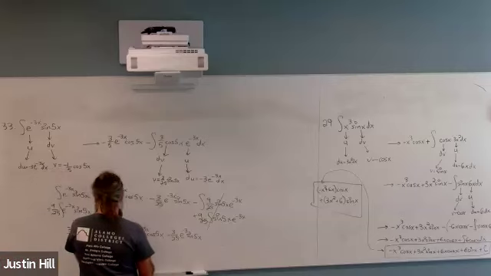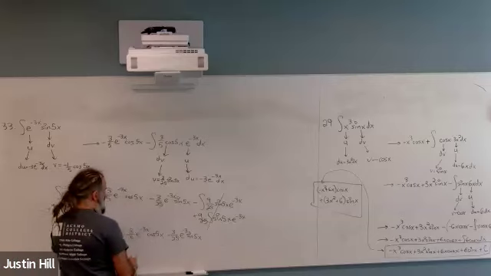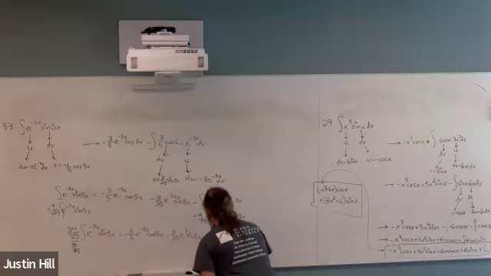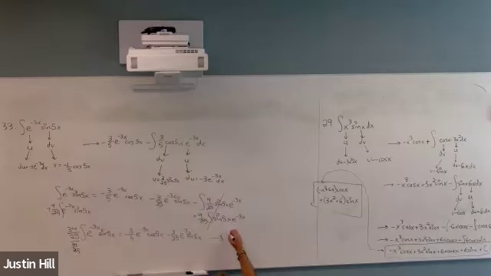You guys kind of get the idea. So what this gives us overall is the integral of e to the negative 3x sine of 5x has to equal 25 over 34.